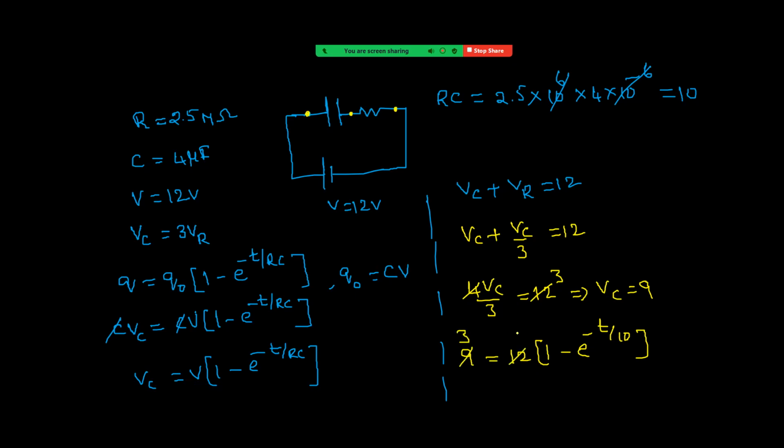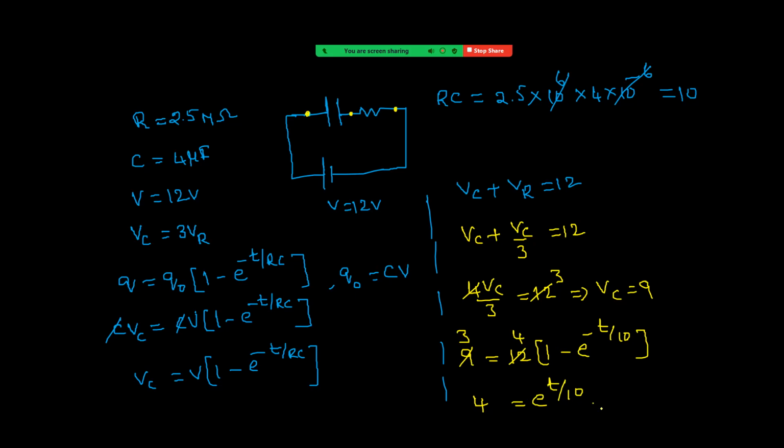So 9 by 12 is 3 by 4. 1 minus 3 by 4 is 1 by 4. Reverse it, and we can write 4 equals e power t by 10.